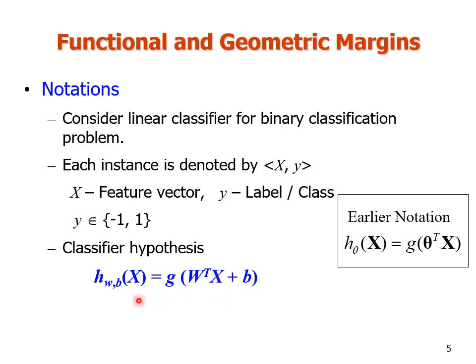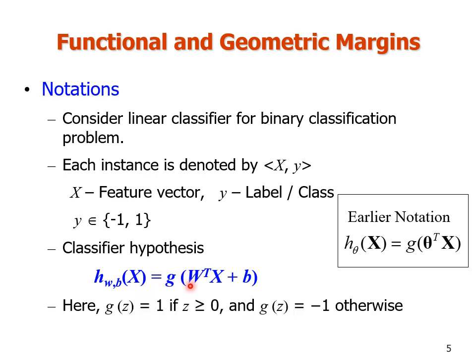Here g of z is equal to 1 if z is greater than or equal to 0. Otherwise, g of z is equal to -1.